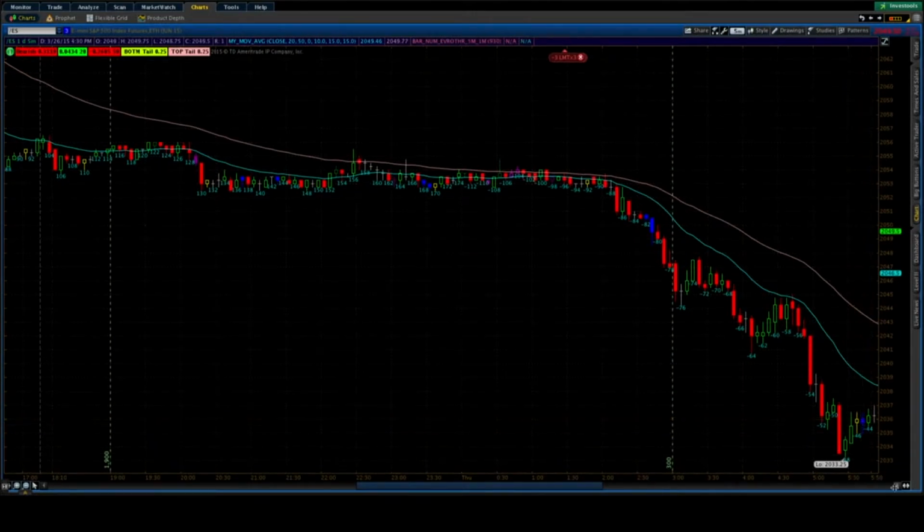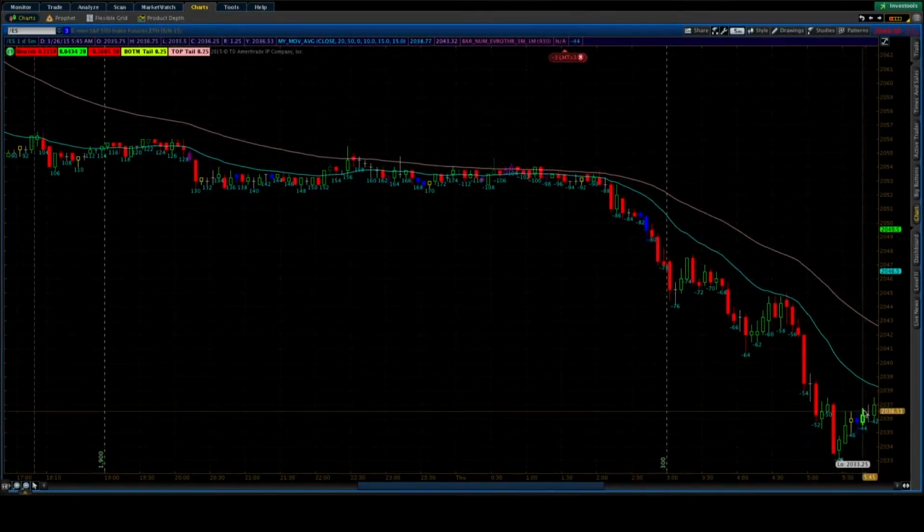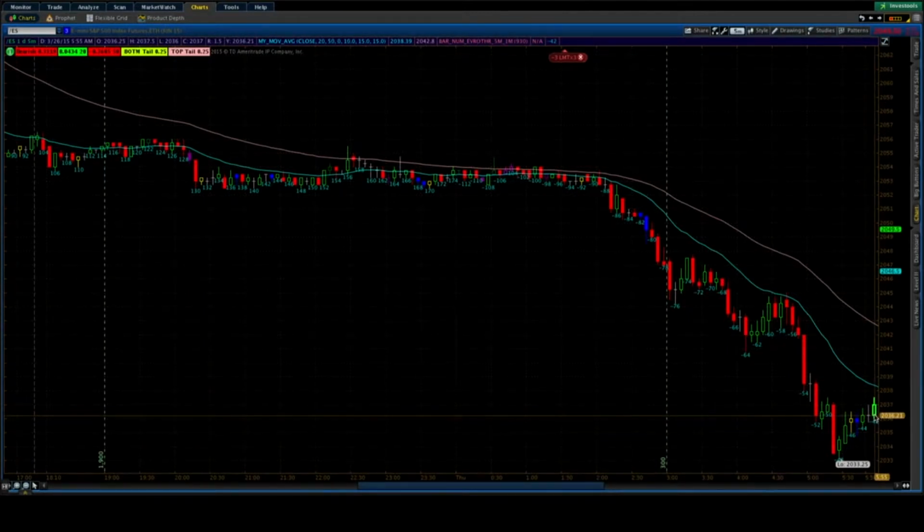Okay, and now here, bar minus 42. This is a very important key bar because it's a strong bull bar. It's got a significant amount of buyers going in here, but the main factor here is, guess what?